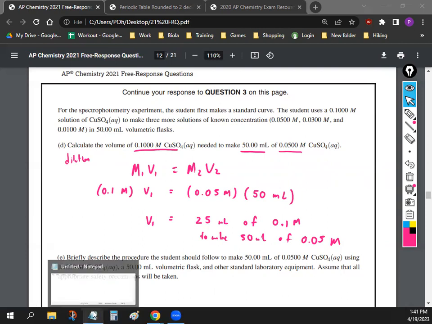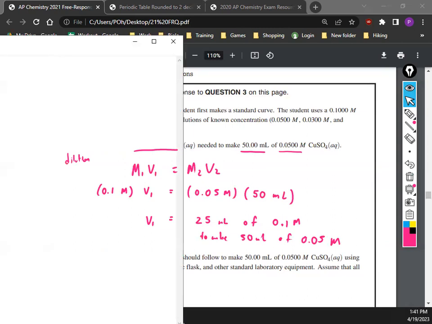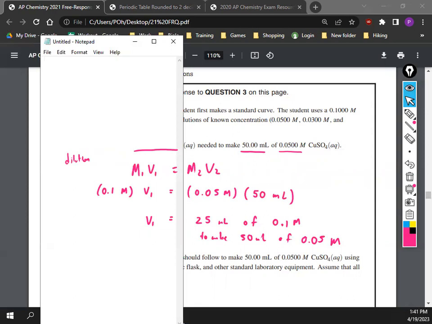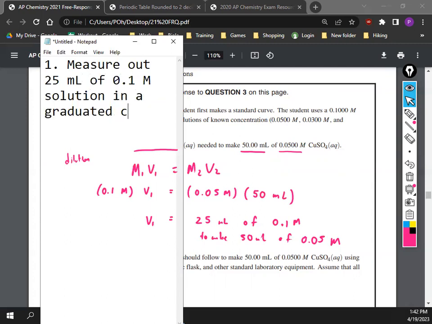So I'm going to type it out just so I can write a little less. Basically, the first thing that you would want to do is obviously you want to measure out 25 mL of your 0.1 molarity solution. And then it tells us equipment, so in a graduated cylinder. Something like that.